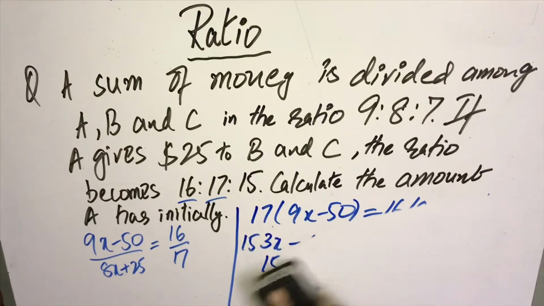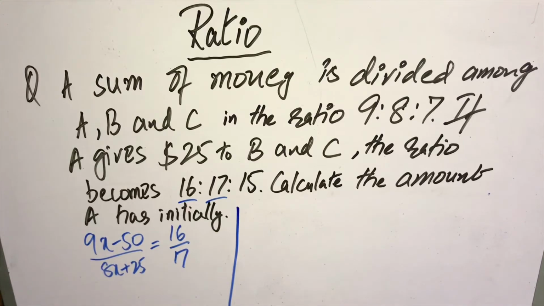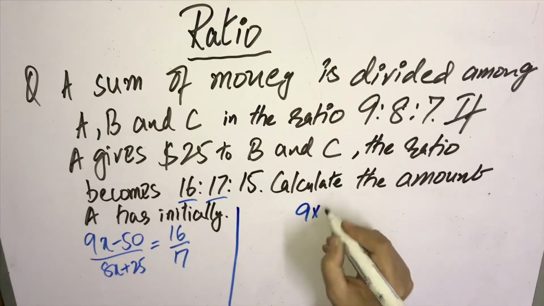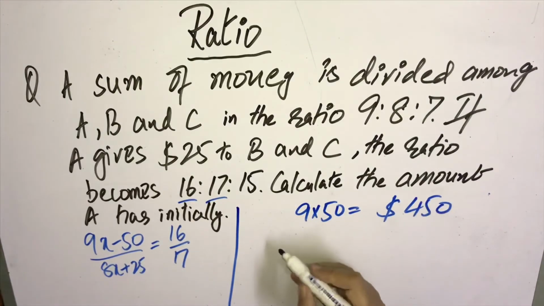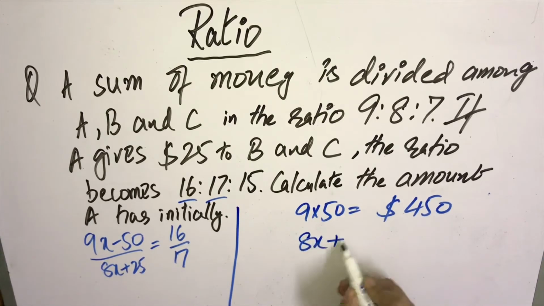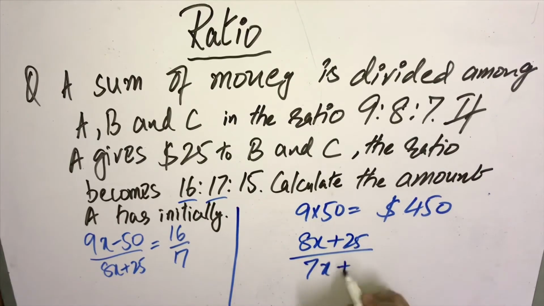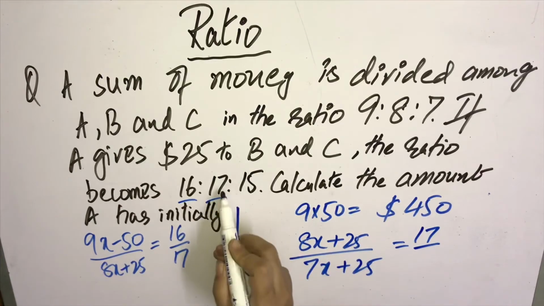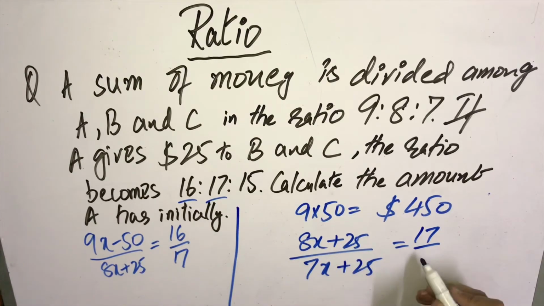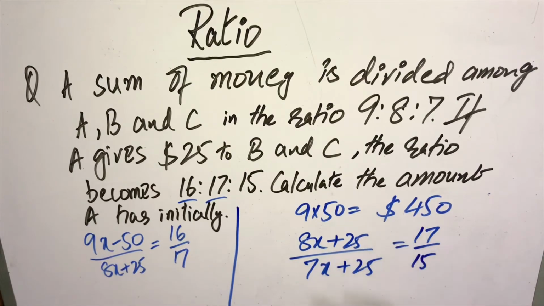Now as the value of x is 50, initially A was having 9 multiplied by 50, which will be $450. I can do the same question by taking 8x plus 25 over 7x plus 25 equals 17 over 15, the new ratios of B and C, and I shall have the same answer of x, 50, you can check.